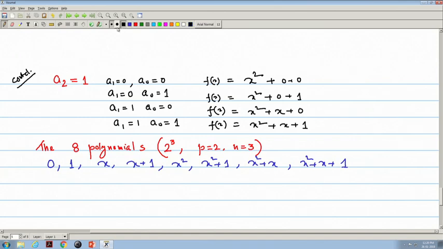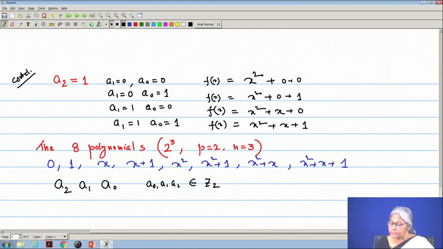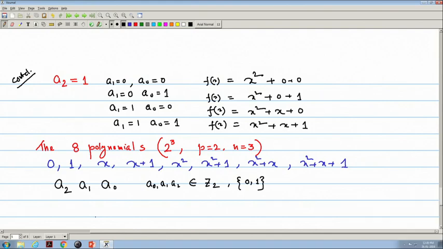These a0, a1, a2 can take values from Z2, because my p equal to 2, that means 0 and 1. So, if I take all possible values of these, we will see there are 8, from 0 0 0 to 1 1 1.